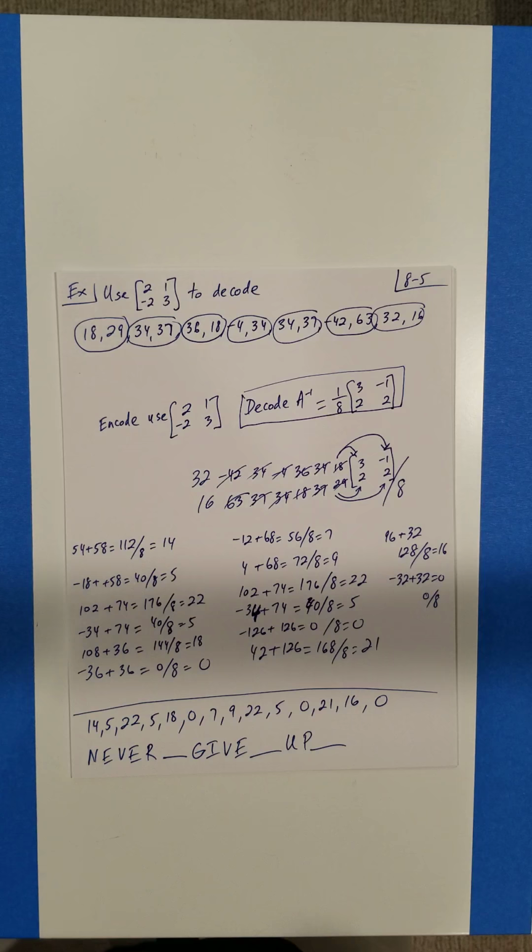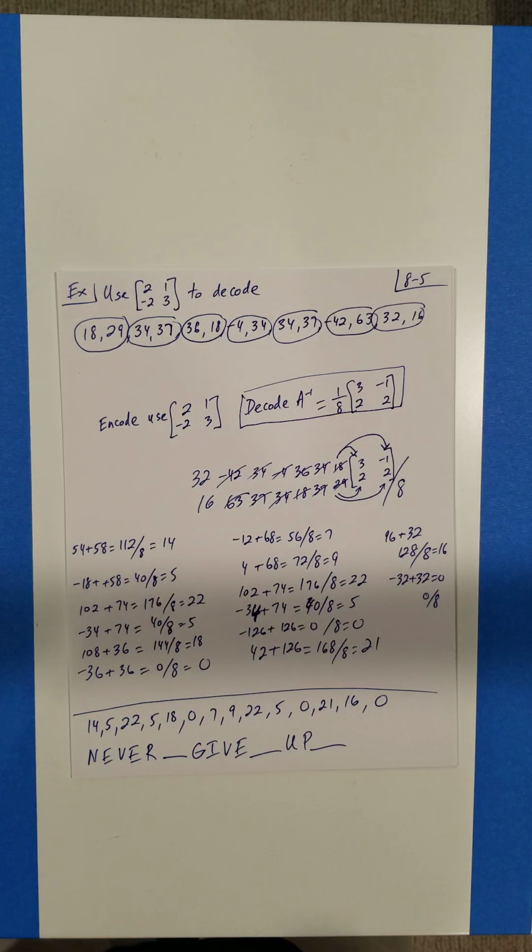When I add that, I get 144 divided by 8, which is 18. So that gives me 18 here. Multiplying 36 into here, I get negative 36 plus 36, which is 0. Again, you have to divide by 8, and I still get 0. So it's going to be 0. Now I'm done. Cross those out.